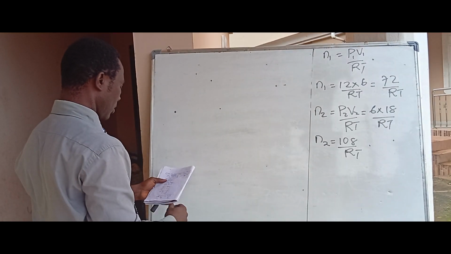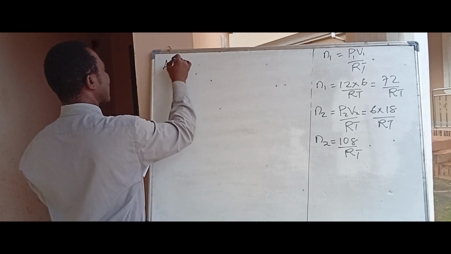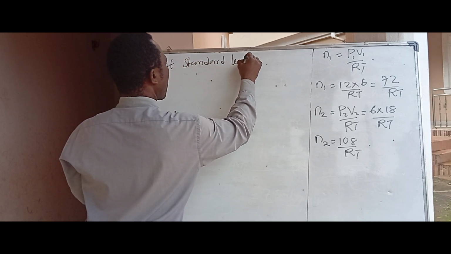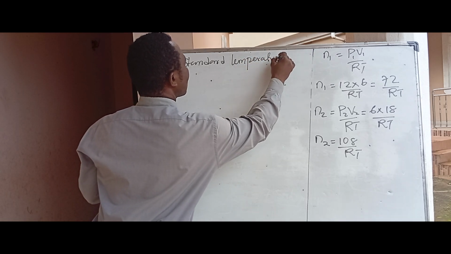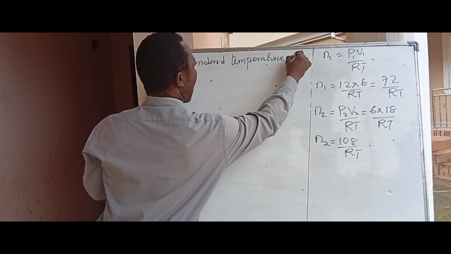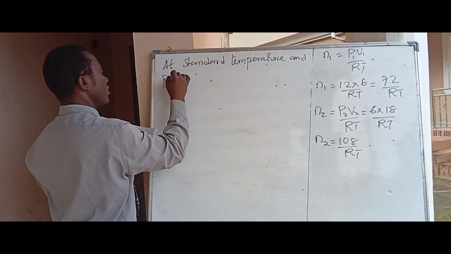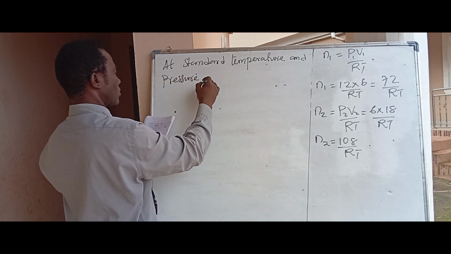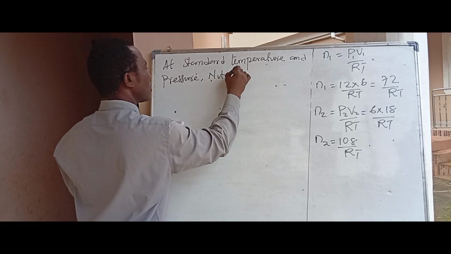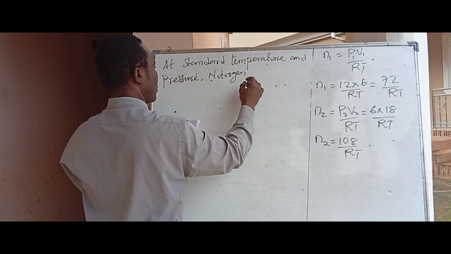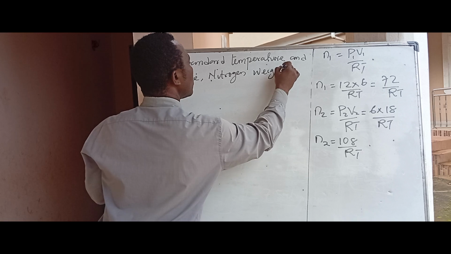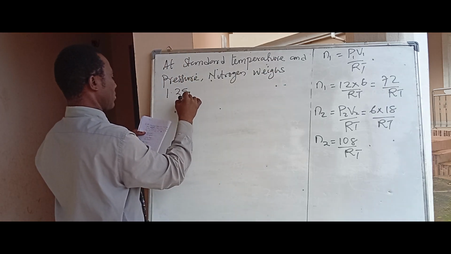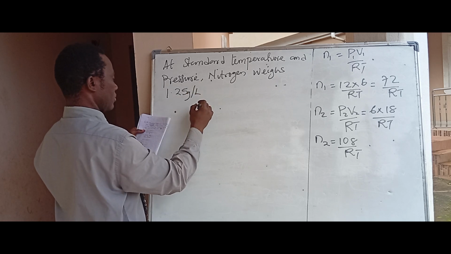I'll take one more question. The question says, at standard temperature and pressure, nitrogen weighs 1.25 gram per liter.